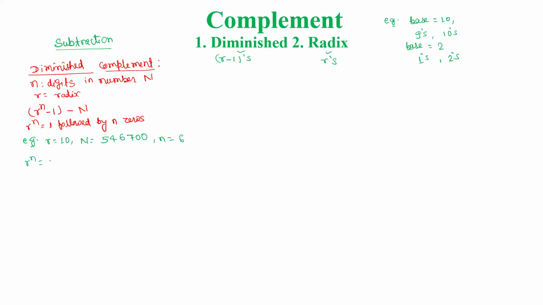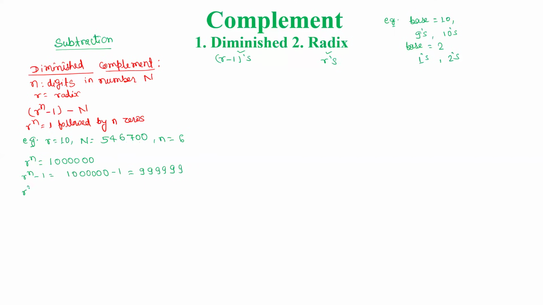So R to the power n will be 1 followed by 6 zeros. Then what we have to do? R to the power n minus 1. So 1 followed by 6 zeros, minus 1, becomes 999999.